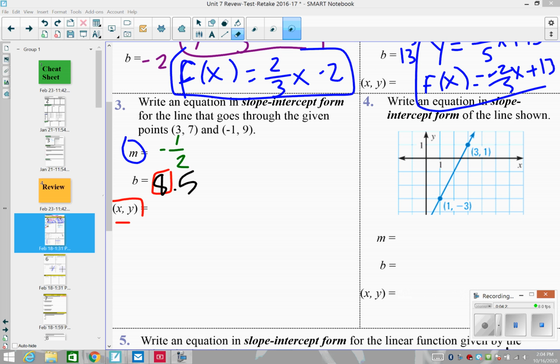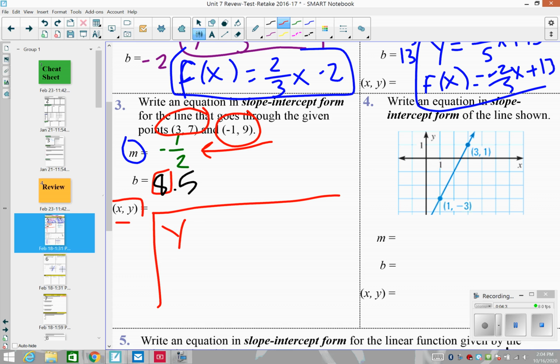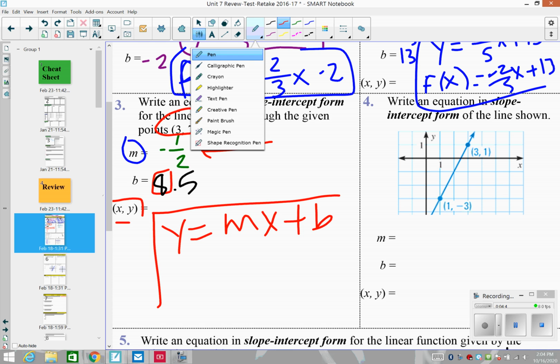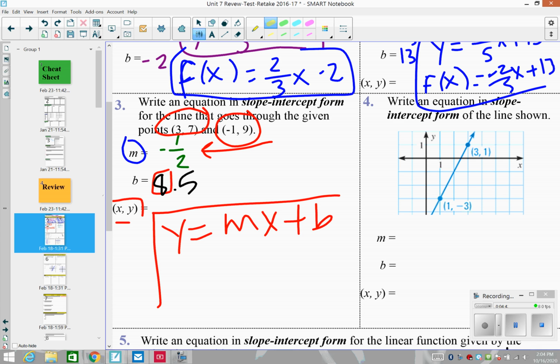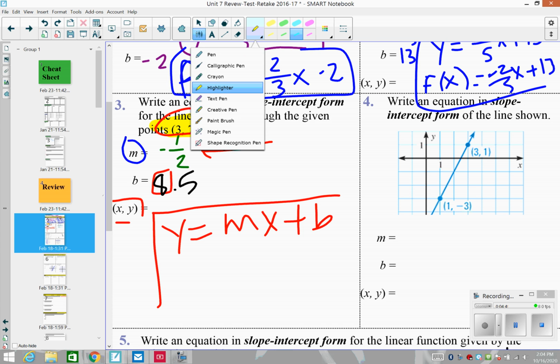Okay, so hopefully you had enough time to work through that, but let's backtrack kind of what we did. We found the slope. I used y2 minus y1 divided by x2 minus x1, and I got a slope of -1/2. And then I plugged it into the equation y equals mx plus b. I chose to use the first point given as my x, y, but it doesn't matter. And what we could do right now is plug in the other point and verify.